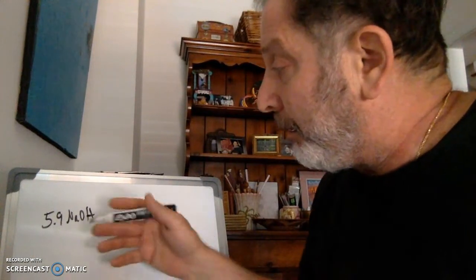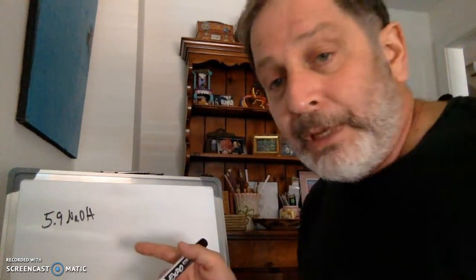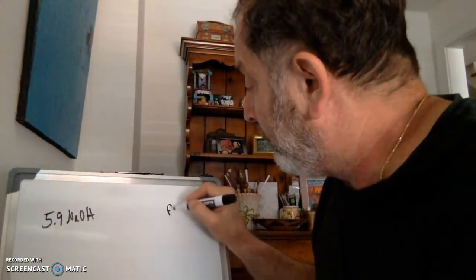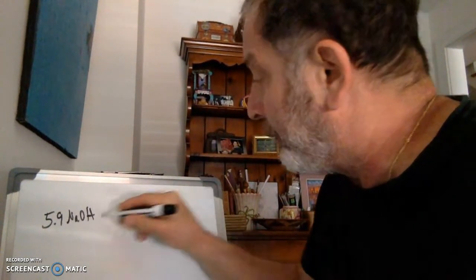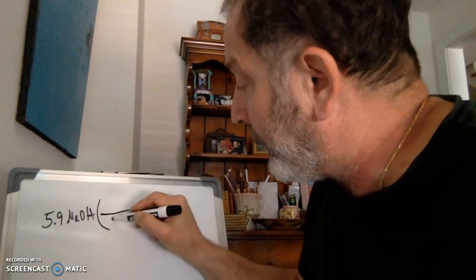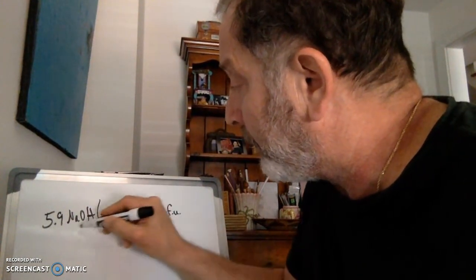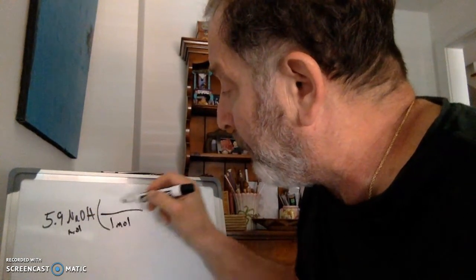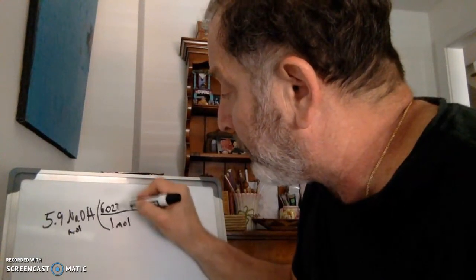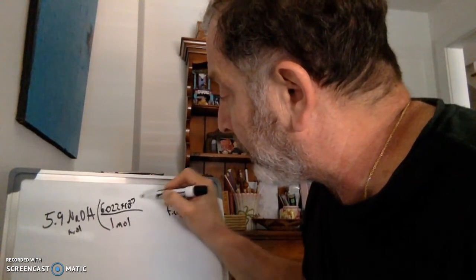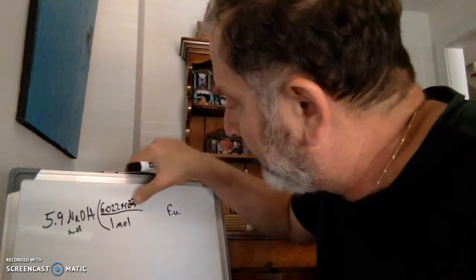So how many formula units would that be? We refer to these as formula units. And here we have 1 mole. This is 5.9 moles. 6.022 times 10 to the 23rd formula units.